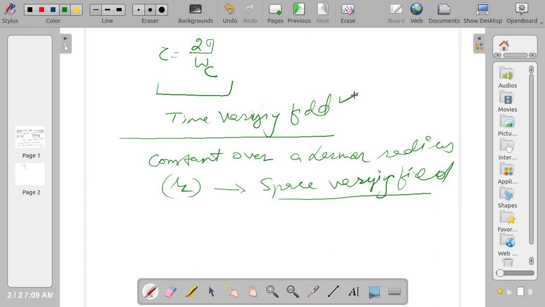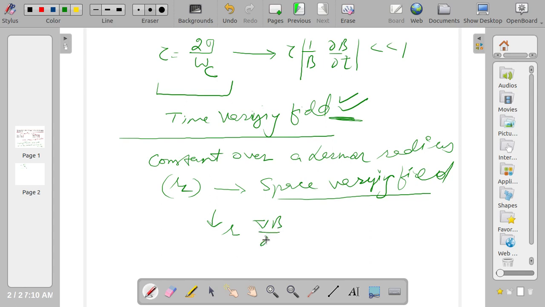So in this article, I am going to talk about only the time varying field. That means for this, the constraint is (1/B)(∂B/∂t) must be less than 1. And for the space varying field, r_L ∇B over B is very much less than 1.